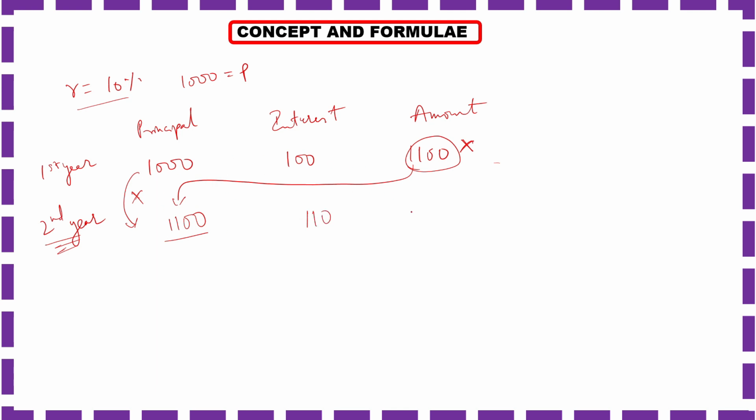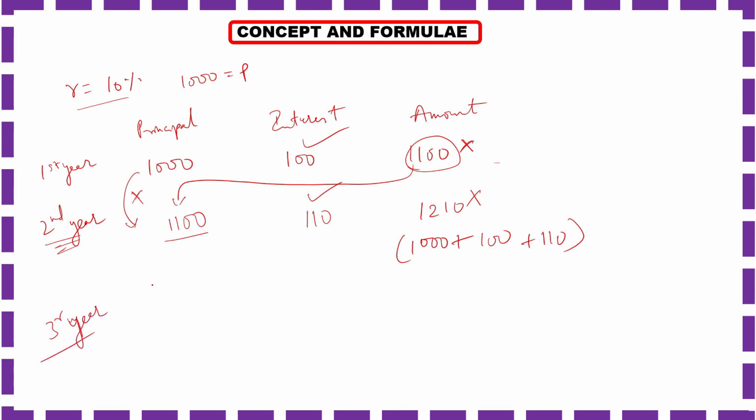Now what is the total amount by the end of the second year? 1210. That is, 1000 is the principal, 100 is the first year's interest, and 110 is the second year's interest. Now let us assume that you are not going to pay at the end of the second year also. You want to pay at the end of the third year, right?